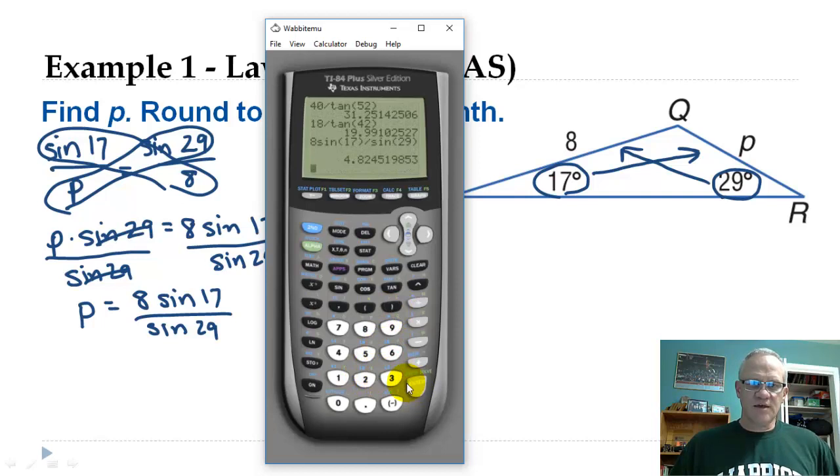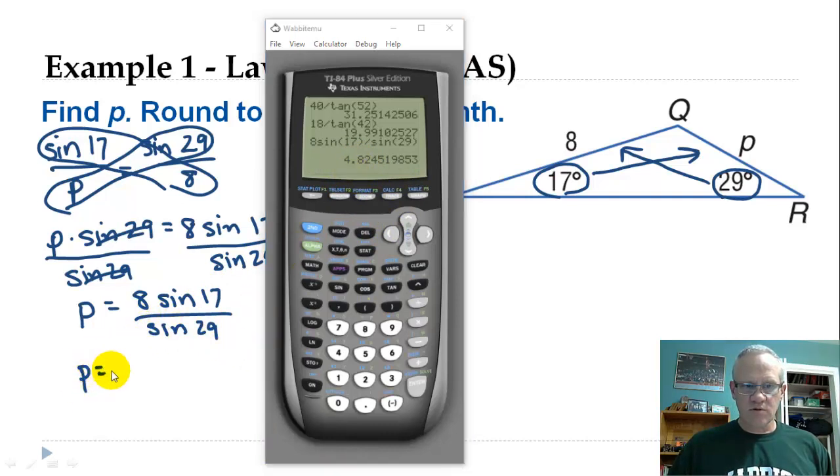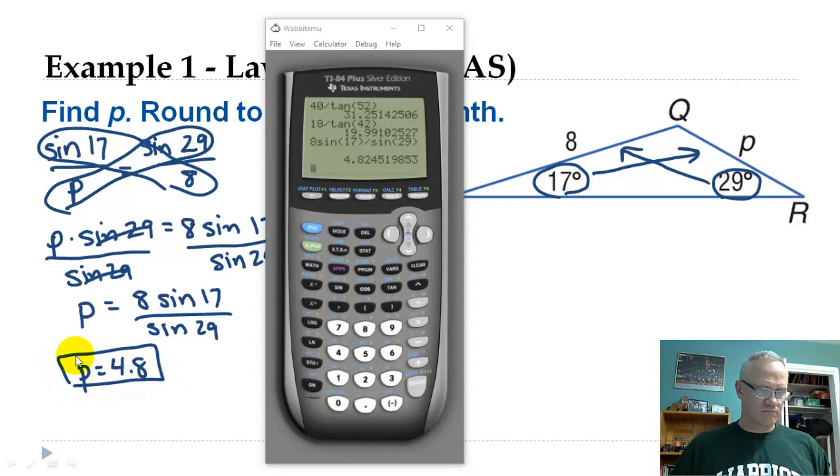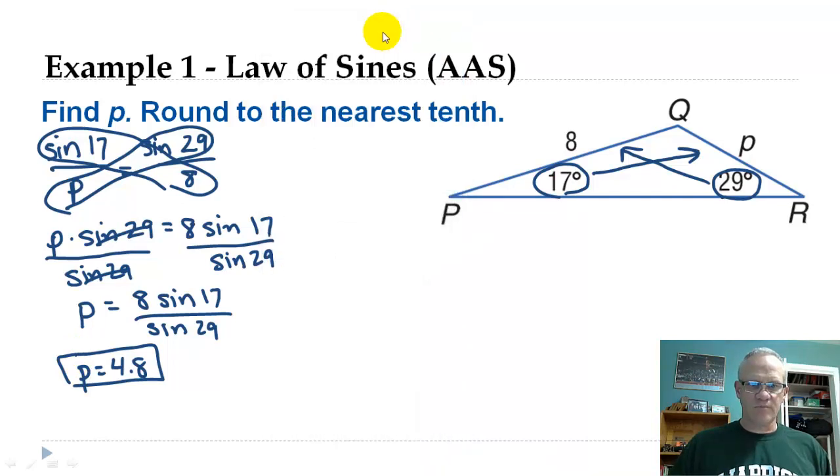And I hit equals, and this said round to the nearest tenth, and so that's going to be about 4.8. So P would be about 4.8. Okay, that's not too bad, right? So just using the law of sines.